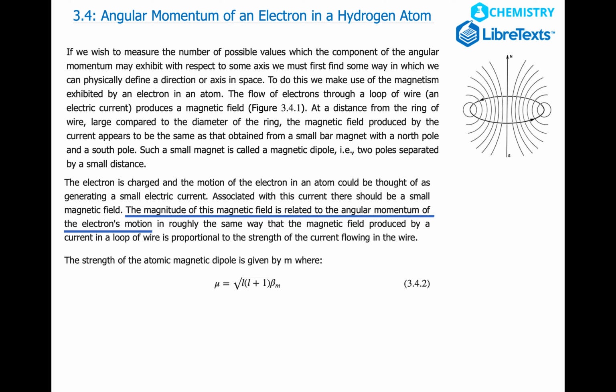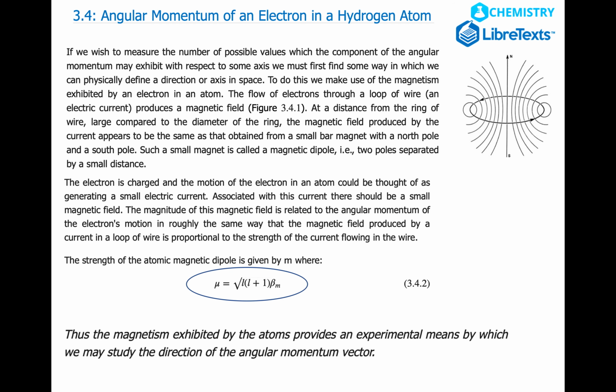Key thing within here is that the magnitude of this magnetic field is related to the angular momentum of the electron's motion. So the idea is what we're going to be measuring would be an aspect of the magnetic property of the electron, and by that we'll have insights into the angular momentum. So we see within our description right here, the magnetic moment is related to our quantum number L.